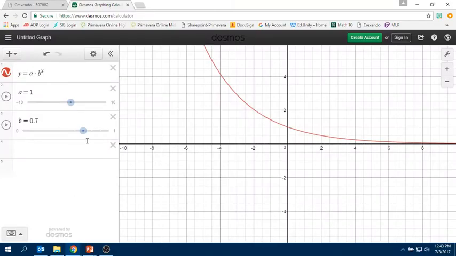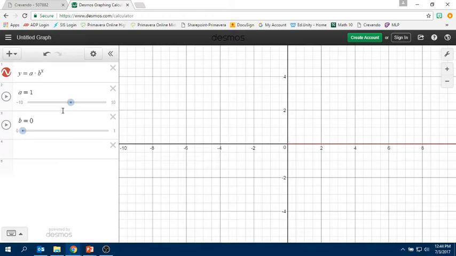All right, so let's go ahead and let B equal 0. I'm going to move the slider all the way back, and B is going to be equal to 0. Now, it might be hard to see on your screen, but you'll notice that we get a line starting at 0 here and going to the right, a horizontal line. Because think about if we take 0 and raise it to some power. We raise 0 to the first power, to the second, to the third, to the fourth power.